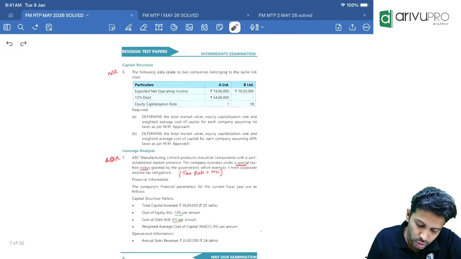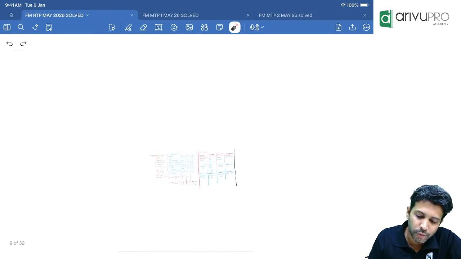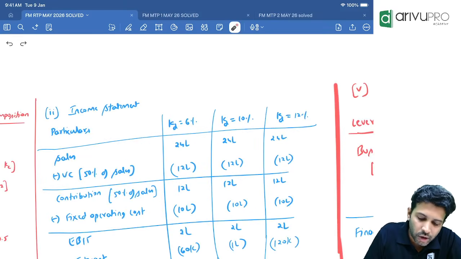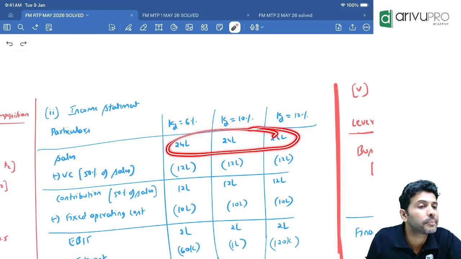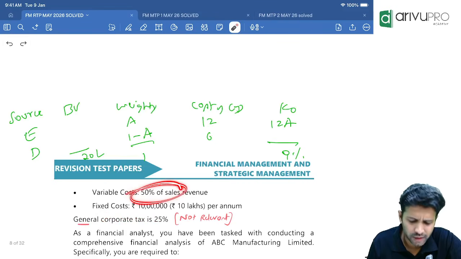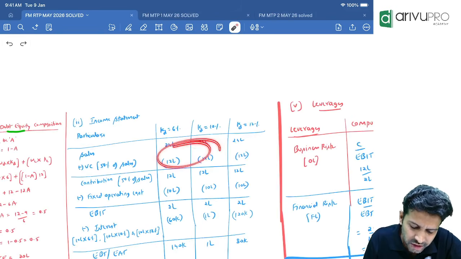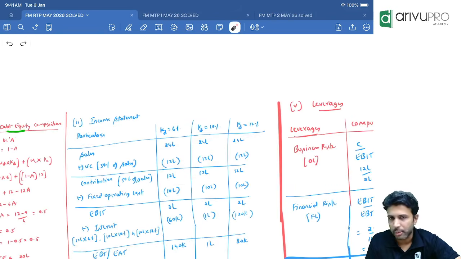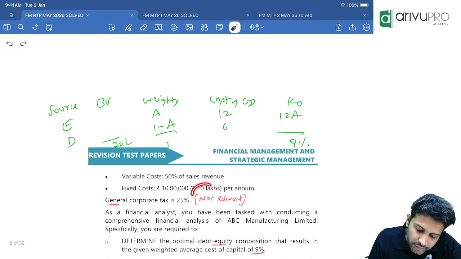Check the things. Do you know sales are how much? 24 lakh. That means we'll have to solve three cases. Sales given is 24 lakh. Variable cost is 50% of sales. Sales minus variable cost will give you contribution. Fixed cost is given in the question to be 10 lakh.